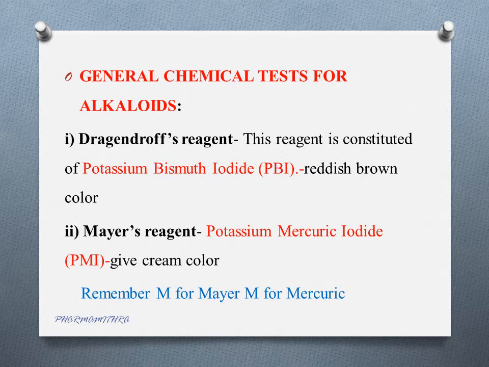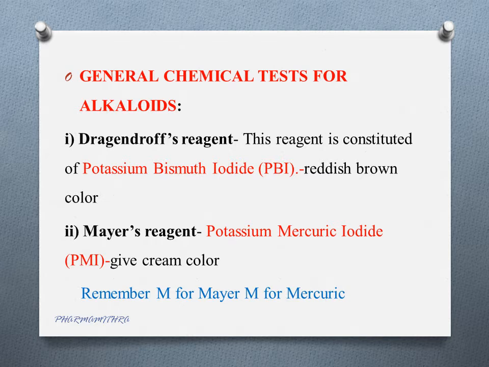These four tests are repeatedly asked in exams. Note that these are for alkaloid, as we already studied in our pharmacology subject. So maintain this concept in your mind and start preparation.